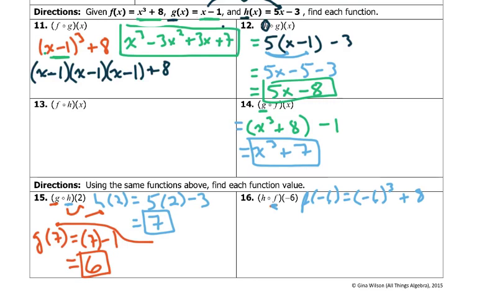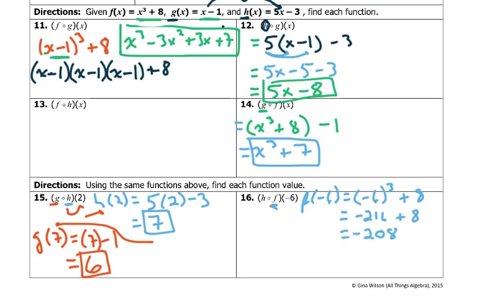Negative 6 cubed is negative 216, plus 8 gives us negative 208.